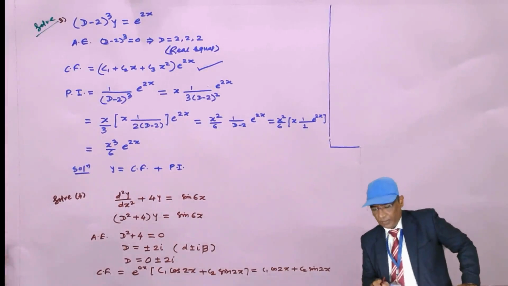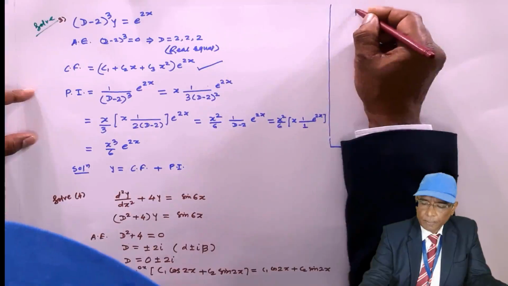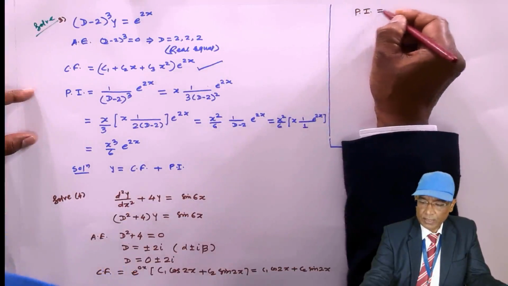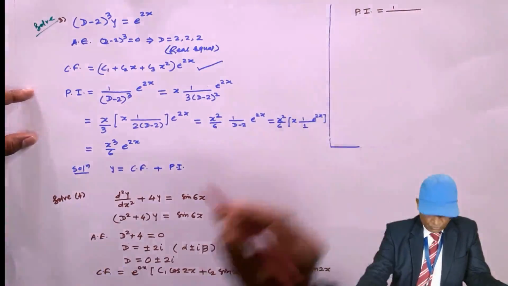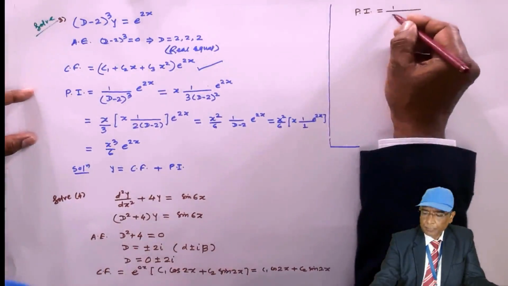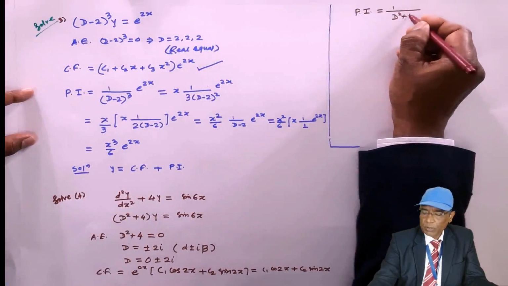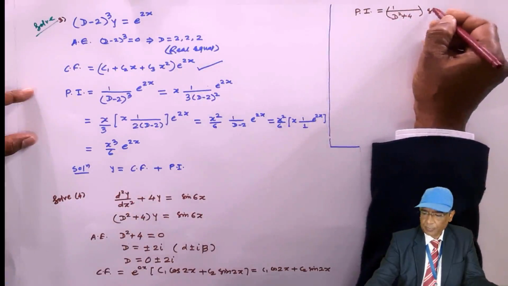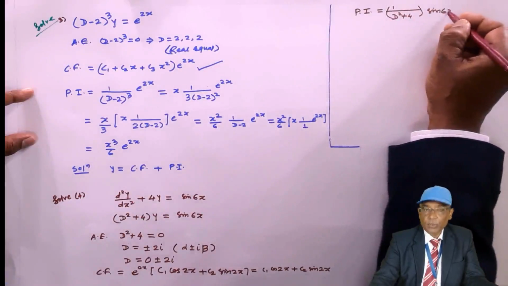Now the particular integral. Now we have a sine function, sine ax function, on the right hand side, operating on sine of 6x. Okay. So what did I tell you?